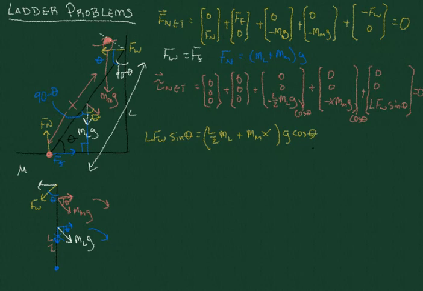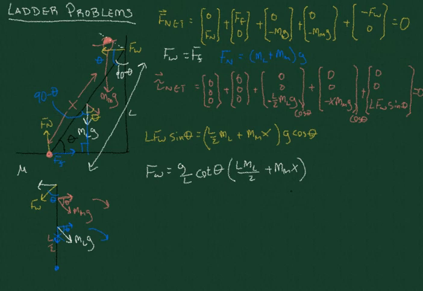So in other words, the force on the wall is g over L cotangent theta, times L times the mass of the ladder over 2 plus the mass of the man times x. So this is telling us the force on the wall.